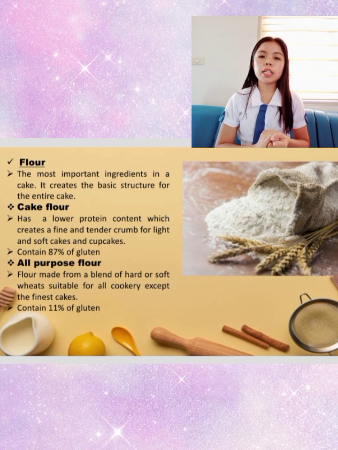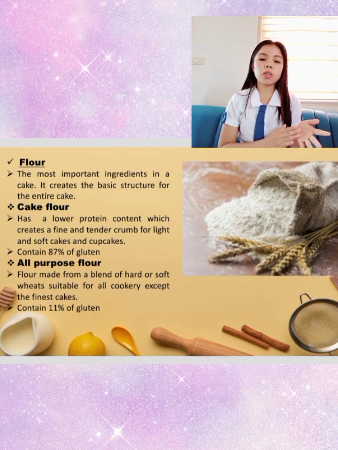In making cakes, we have two types of flour, the cake flour and the all-purpose flour. If we don't have cake flour, we can substitute all-purpose flour. Cake flour and all-purpose flour are almost the same. The only difference is the gluten content, which is that all-purpose flour has more gluten than cake flour.